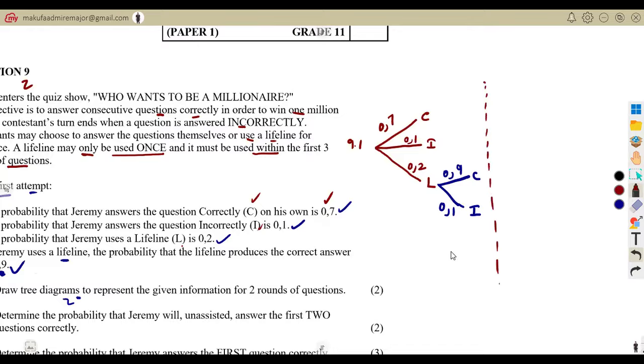Let's consider what's going to happen later on. On the second part, if he answers and gets a correct one, it means he can proceed. Remember, the contestant's turn ends when a question is answered incorrectly, meaning if he answers correctly, he can continue.